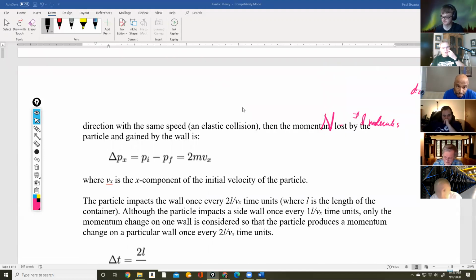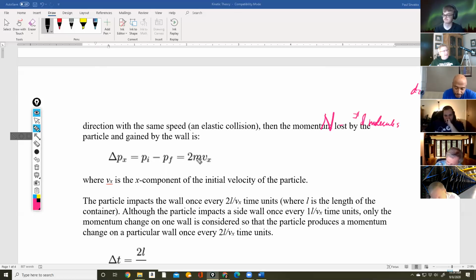And here you're going to see in calculus or in math, in science, you're going to see P standing for momentum. So this is going to be 2 times the mass times the velocity.